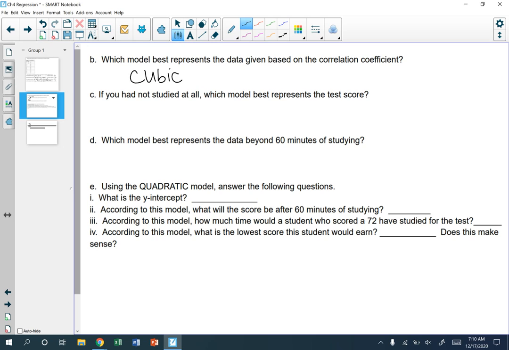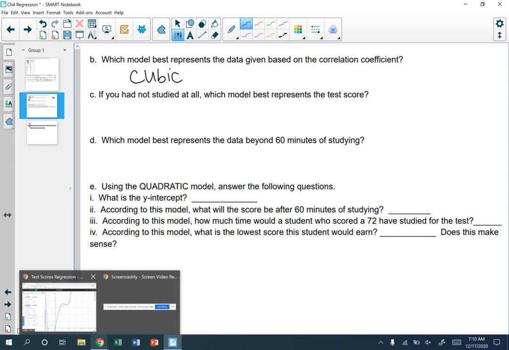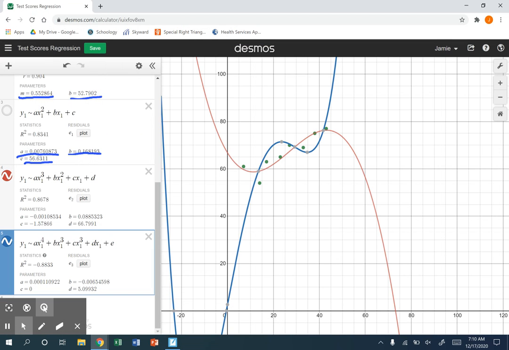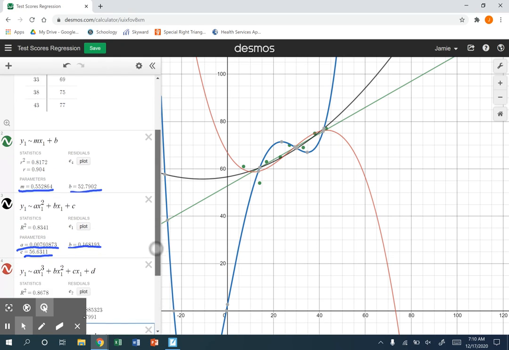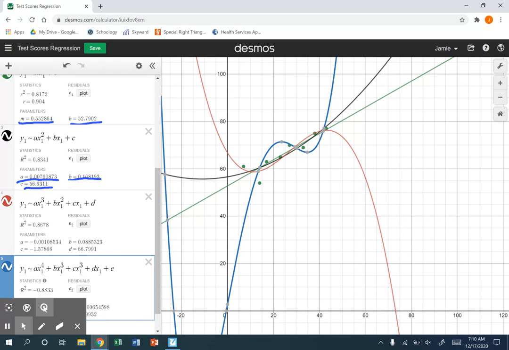If you had not studied at all, which model best represents the test score? So I'm going to go back to Desmos and turn all of these on. And they're saying if you studied 0 hours, which is best going to represent that?